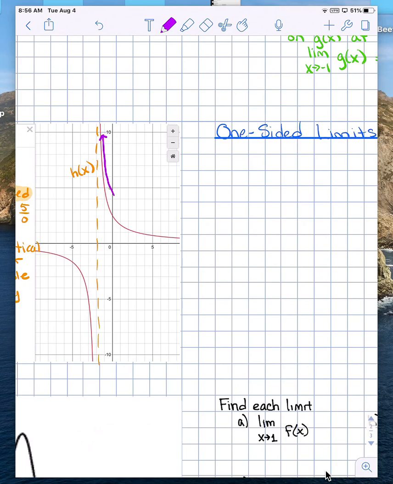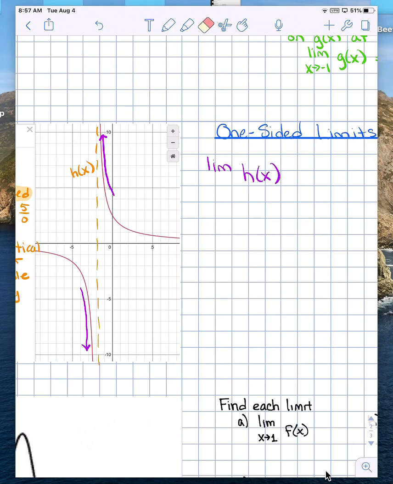If I follow the function from the left side of -2, getting closer to -2, look what the function is doing. This function is doing two different things from the right side and from the left side. And that's what we call one-sided limits if we start looking at those two sides as separate entities. So let's do that. So if I say, let's find the limit of h of x.